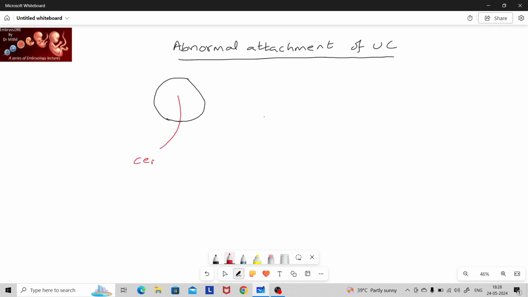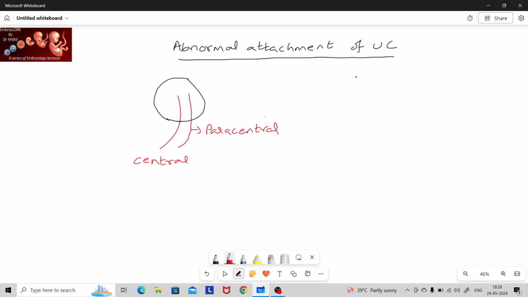Okay, so this is the central. Now a slightly side attachment will be there. So this is the paracentral, both of which are considered normal attachments.